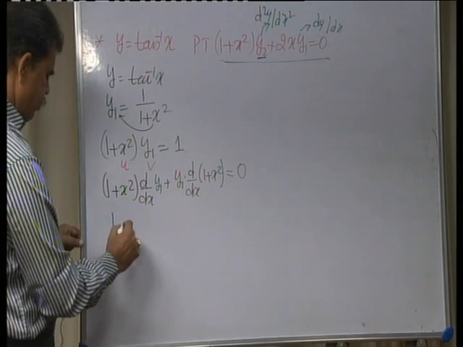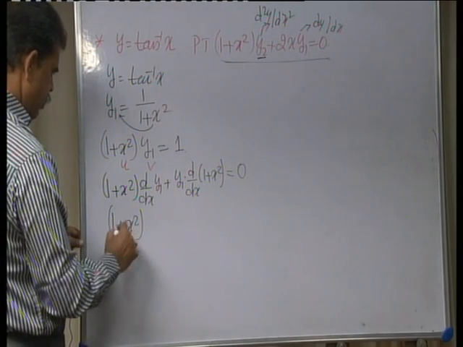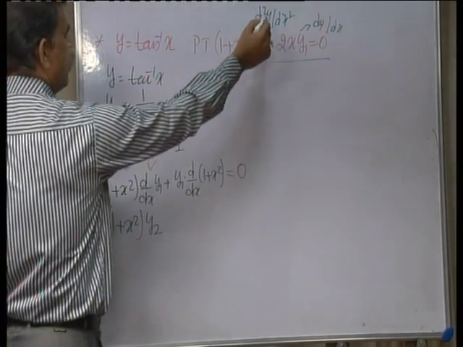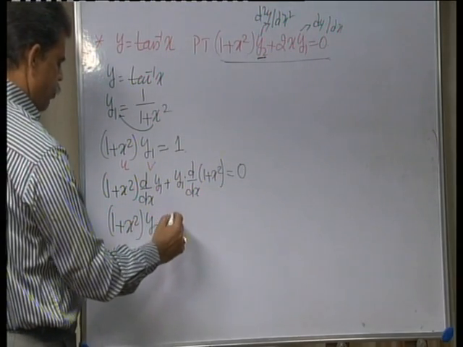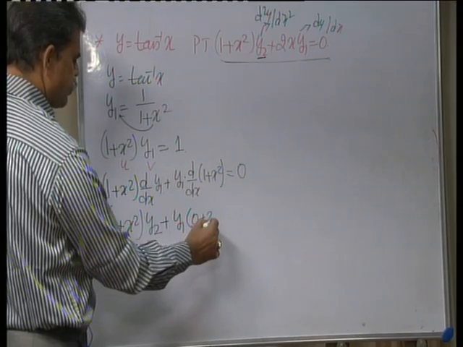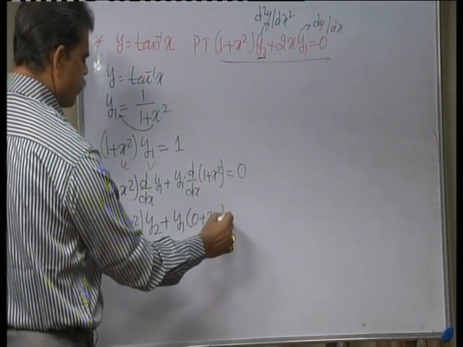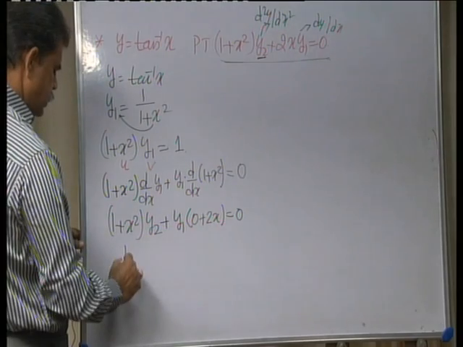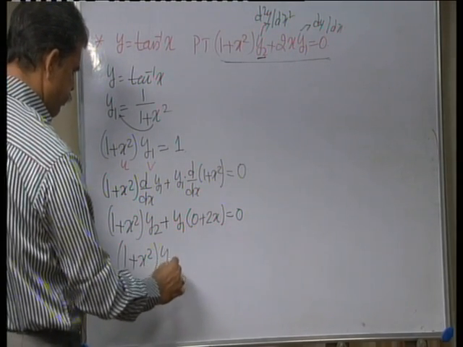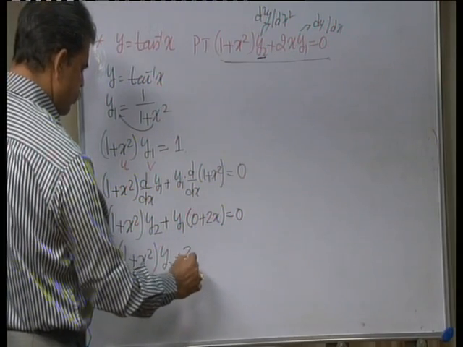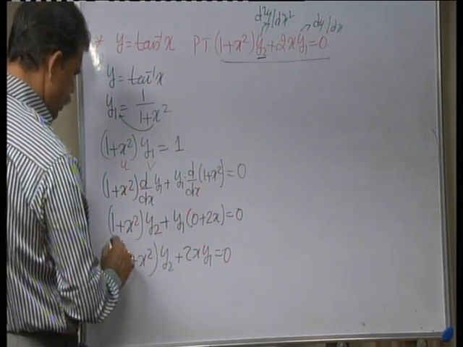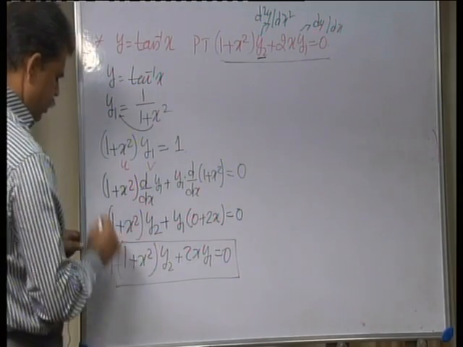So 1 plus x square into y2, because y2 is d square y by dx square, plus y1 into the differentiation of 1, which is 0, plus the differentiation of x square, which is 2x, is equal to 0. Hence, it is 1 plus x square into y2 plus 2x into y1 is equal to 0. It is the required result.